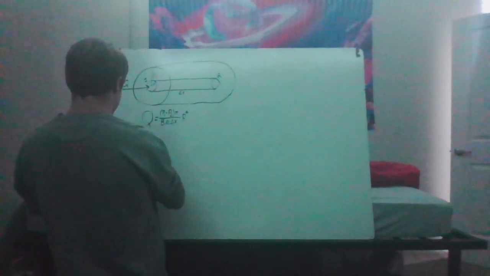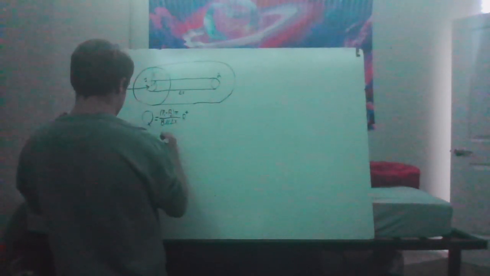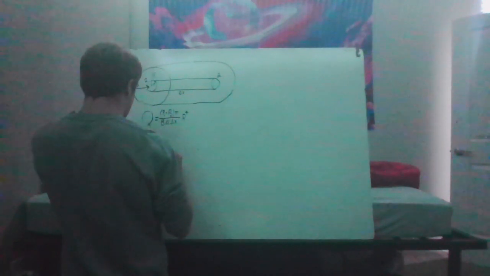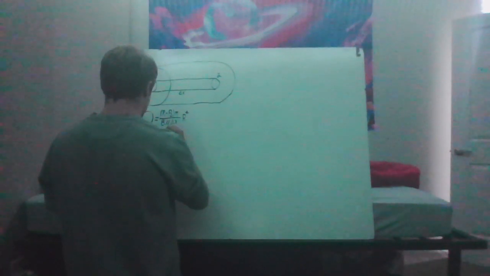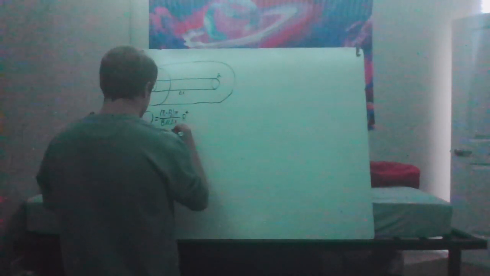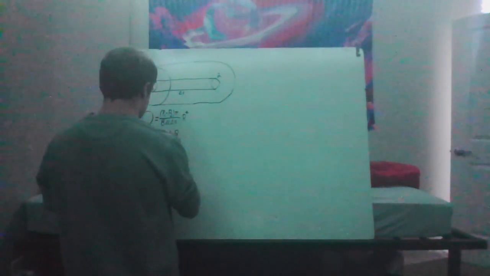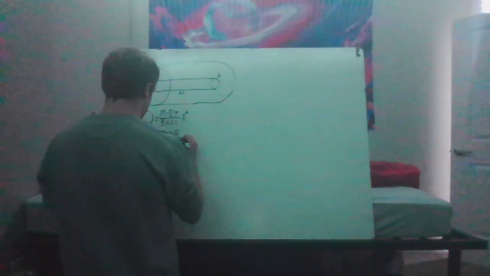If we put P1 minus P2 on its own side, it will equal eight mu delta x times Q all over pi big R to the 4th.